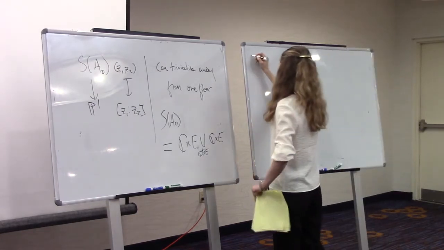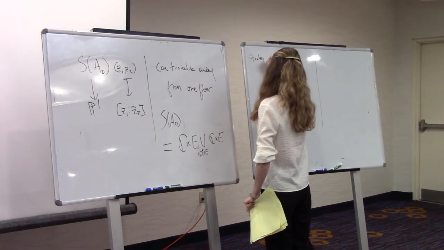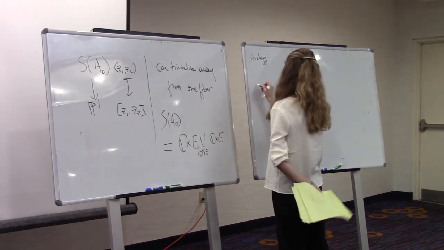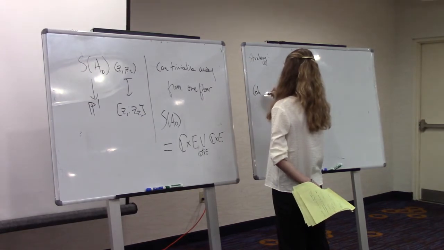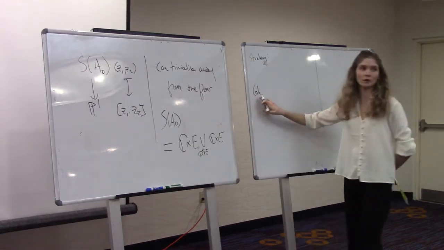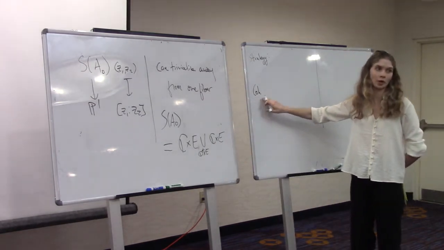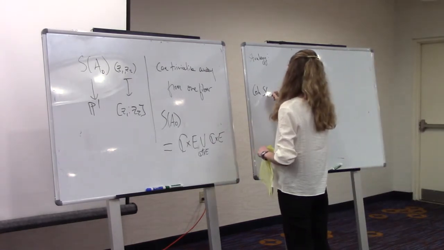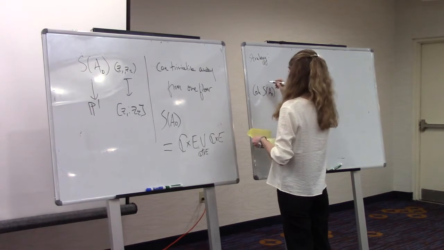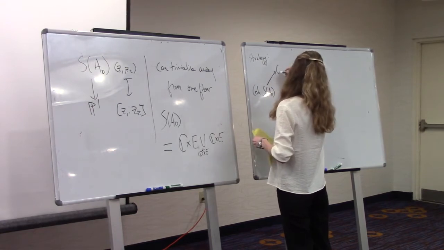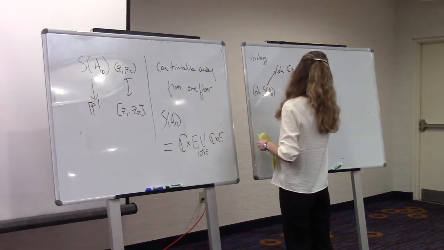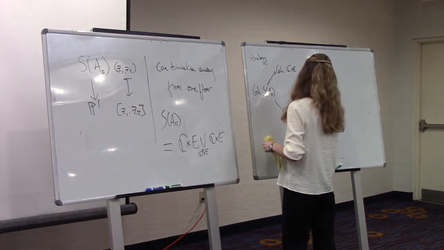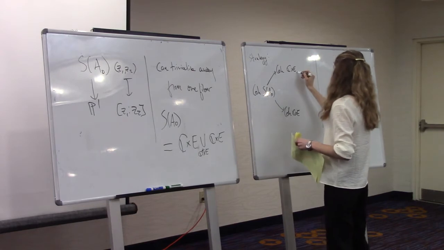But so, strategy. We have maps from coherent, and I'm going to write co, but this always means coherent analytic sheaves. So we have maps from co of S of A naught to coherent sheaves on C times E, times E, these two pieces by restriction.